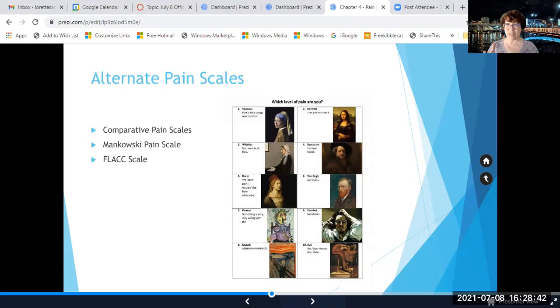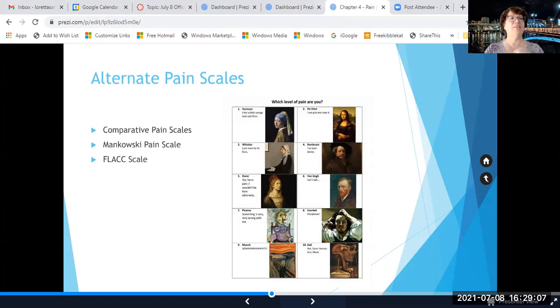The FLACC scale is a scale that's been developed for people who might not be able to verbalize their pain. So FLACC stands for face, legs, I can't remember what FLACC stands for. I'll write it down and I'll tell it for you. But anyway, it's face, legs, activity, consolability, and crying.